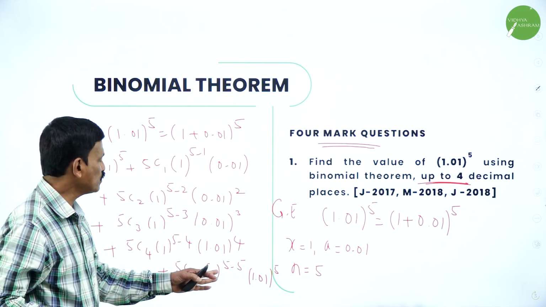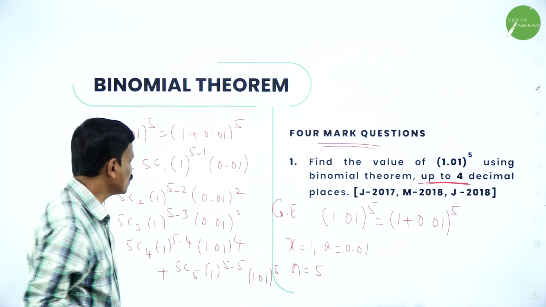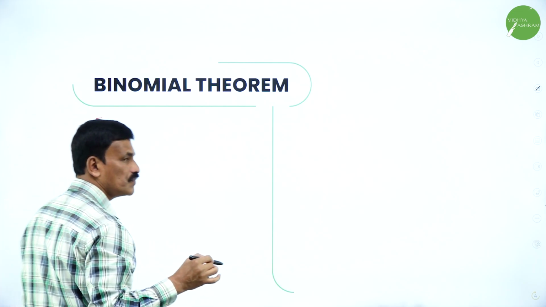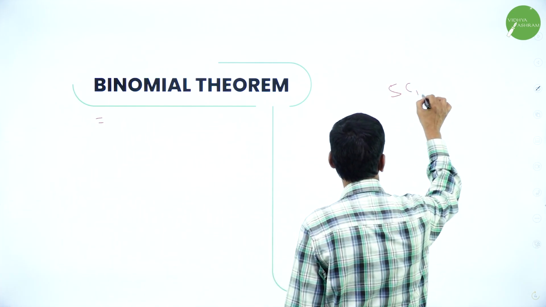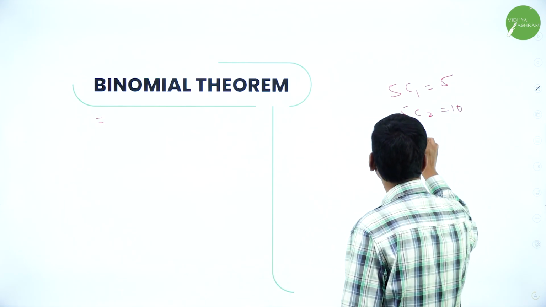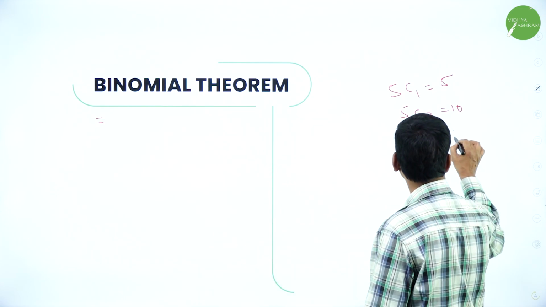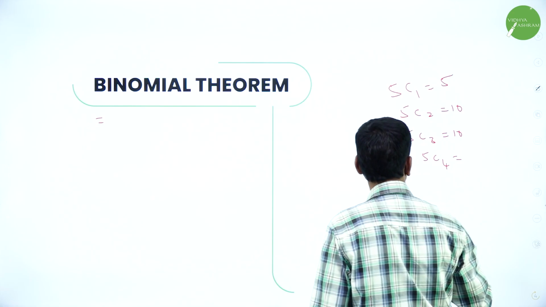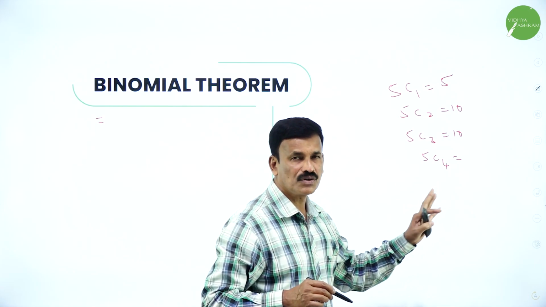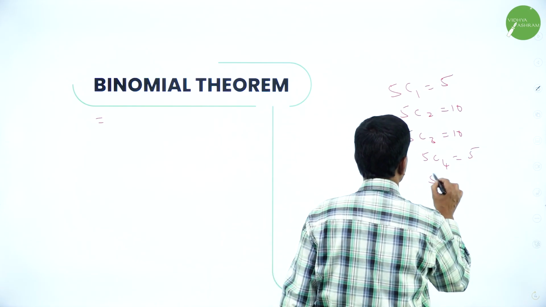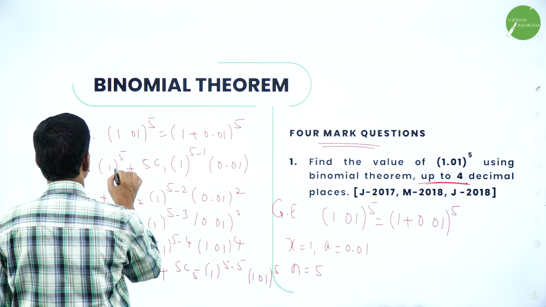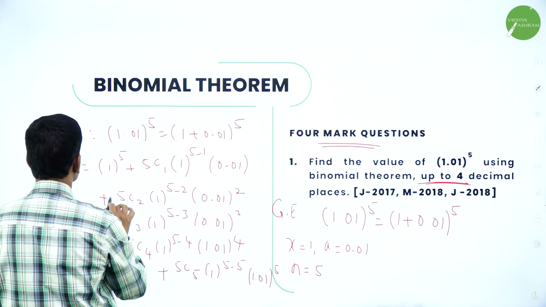Now write down the values: 5C1 is equal to 5, 5C2 is equal to 10, 5C3 is also equal to 10, and what is 5C4? 5C4 is equal to 5 factorial divided by (5 minus 4) factorial, that is 1 factorial, into 4 factorial. 4 factorial and 4 factorial get cancelled, you will get 5, and 5C5 is equal to 1. Now this can be written as 1 to the power of 5 is 1 plus 5C1.